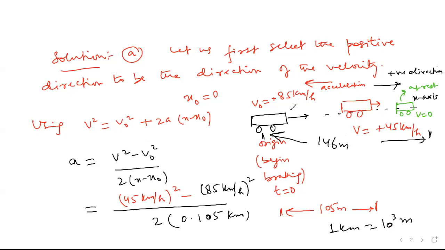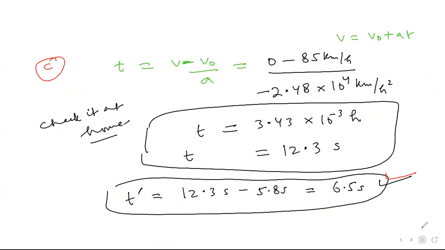So this 146 meters is this distance, but I am asked to find the distance I move from 45 kilometers per hour speed to speed 0. So it's easy. I can subtract the 105 meter distance from that.